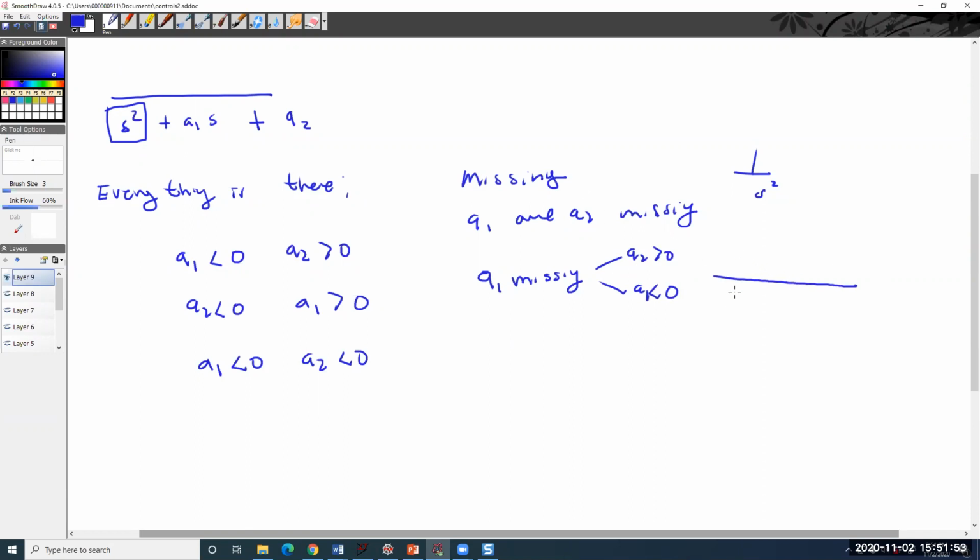You're going to get S squared plus or minus A2, and that will be complex. No, I have to do the quadratic equation.